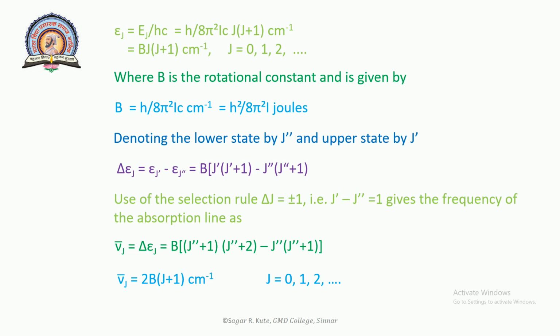The rotational constant B is assumed to be the same in both the lower and upper rotational states, and the double prime is dropped from the above equation; J in the above equation is the J value of the lower state.